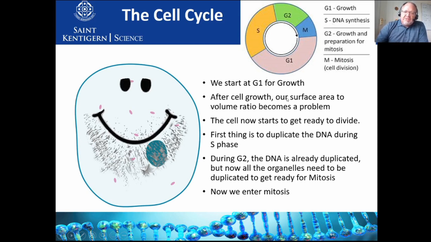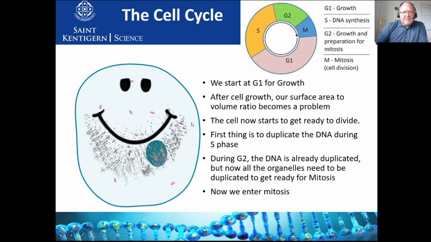Anyways, and now the actual surface area to volume ratio becomes a problem because the cell is now physically so large that to continue growing will mean that we have to expend a lot of energy just moving stuff around within our cell itself. But if we divide this thing in two, it's going to take up the same amount of space, but we will have a much better surface area to volume ratio.